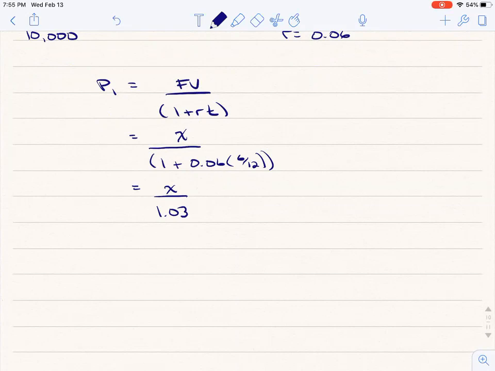Another way we could write this, because we have to add these up and adding fractions isn't that fun, we have to find a common denominator, is to rewrite this as 1 over 1.03 times X. That's the same.